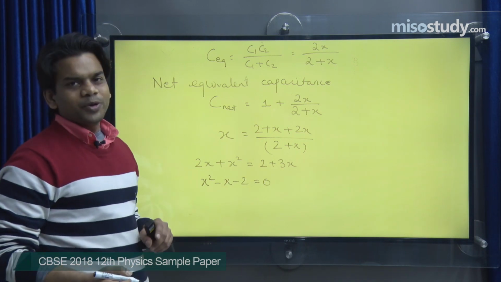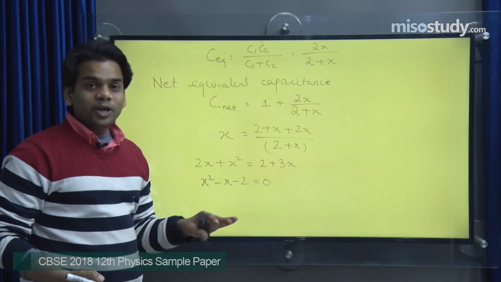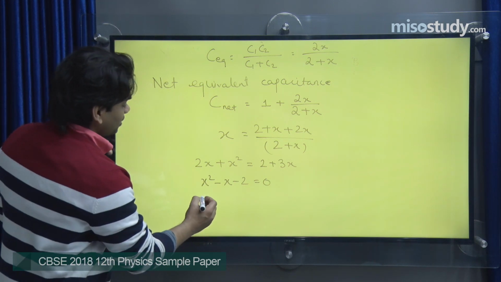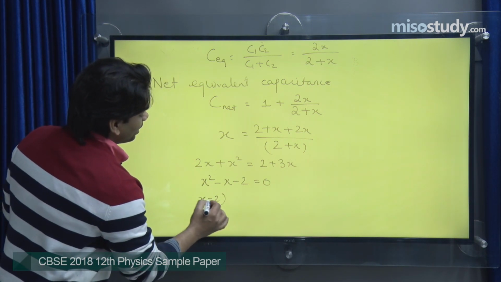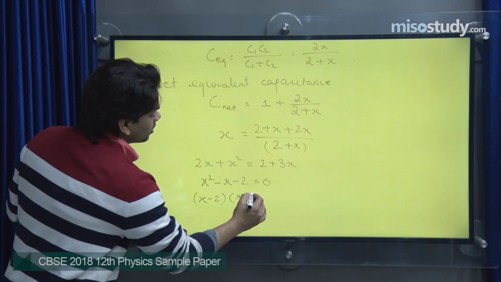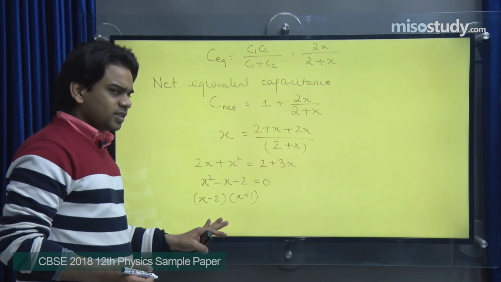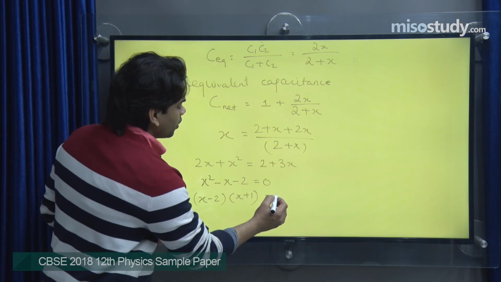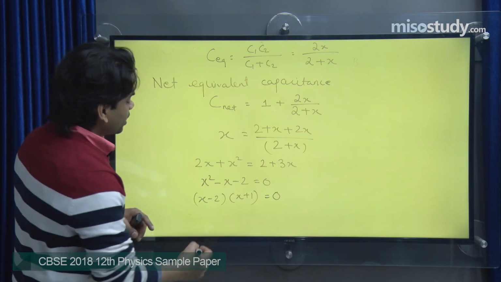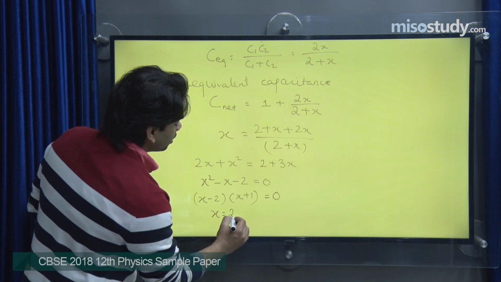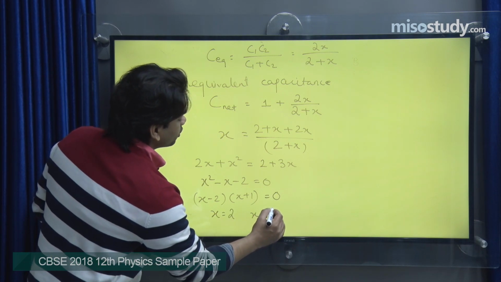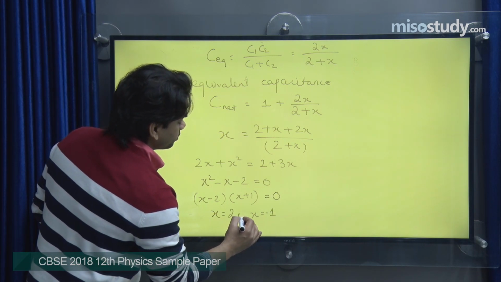We are getting a quadratic equation. You can solve this quadratic equation very simply. You can factorize it, you will get X minus 2 times X plus 1. Now from here, the value of X will come out to be either 2 or minus 1.